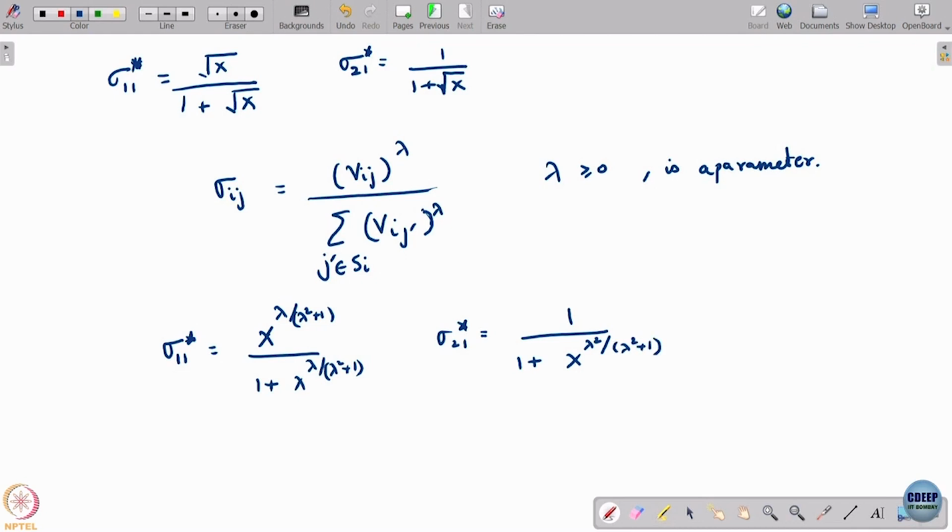Obviously, this is a generalization of what we wrote earlier. If you take lambda equal to 1, we get back the earlier model. But you can take any non-negative lambda, and it gives you a valid quantal response model.